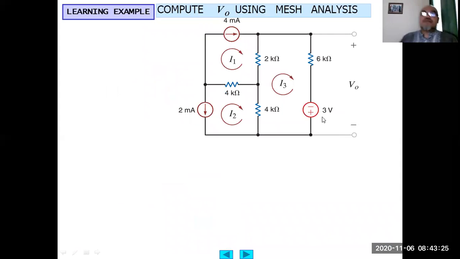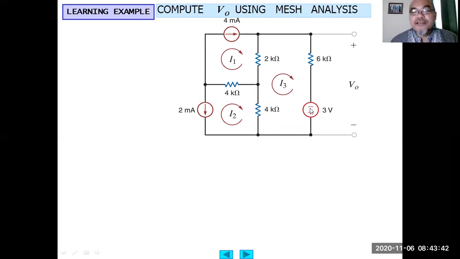Another example, compute V output using mesh analysis. V O is the voltage across the 6 kilo ohm resistor in series with a negative 3 volt independent voltage source.